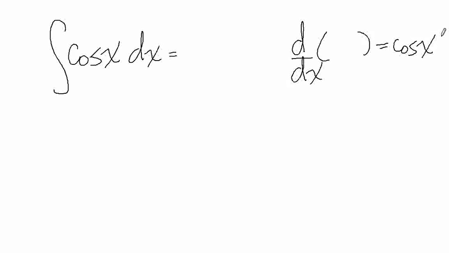Think about that for a minute. Can you think of a function whose derivative with respect to x is equal to the cosine of x? All right? Hopefully you saw that the sine function fits the bill, the sine of x. So because of that, one antiderivative of the cosine is the sine function.